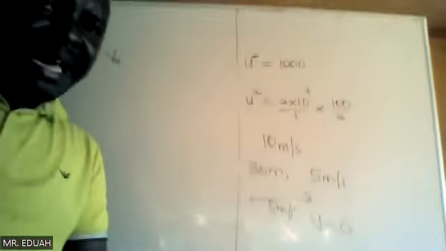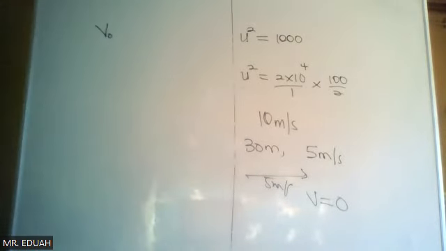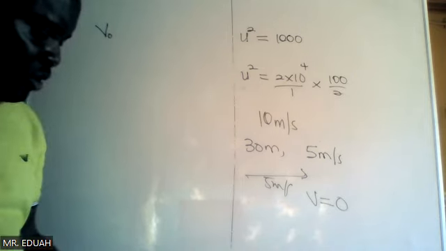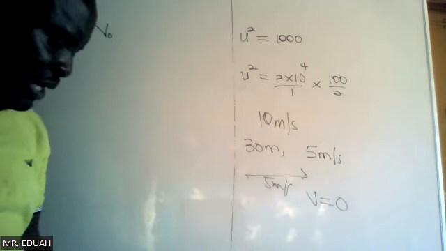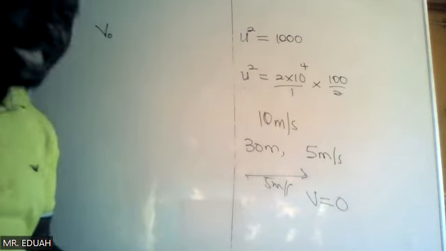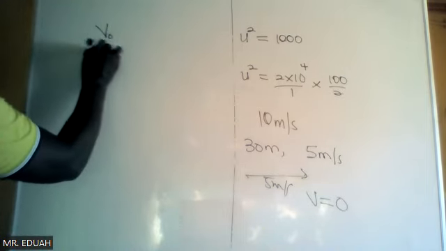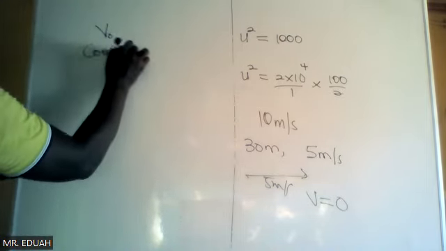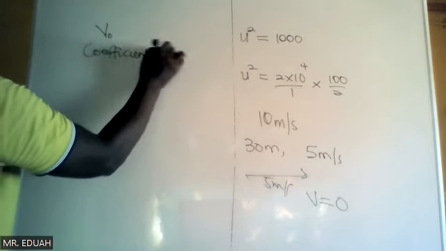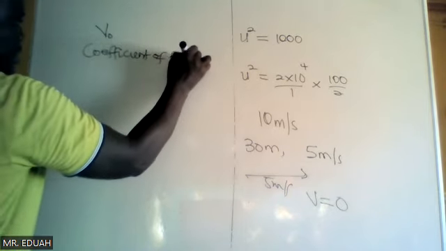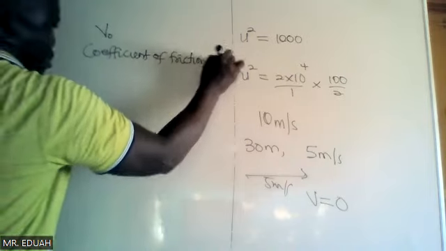So it is traveling with an initial velocity V0. If the coefficient of friction between the tires and the road is mu, so the coefficient of friction is mu.